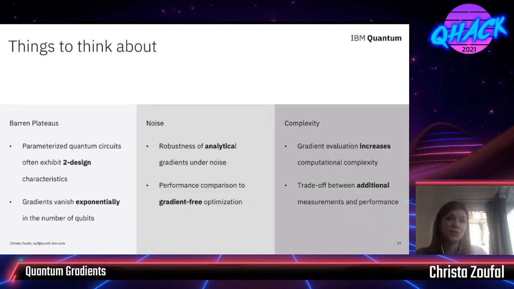Okay, so to wrap up my talk, I would like to raise some points which are important to think about in the context of quantum gradients. So you may have heard of what is called barren plateaus. A parametrized quantum circuit can often exhibit 2-design characteristics. What this basically means is that gradients will, in this case, vanish exponentially in the number of qubits.